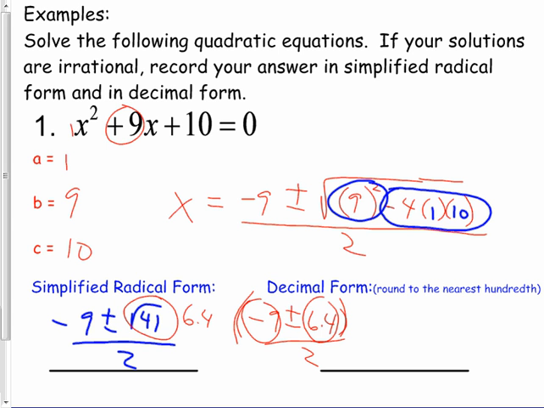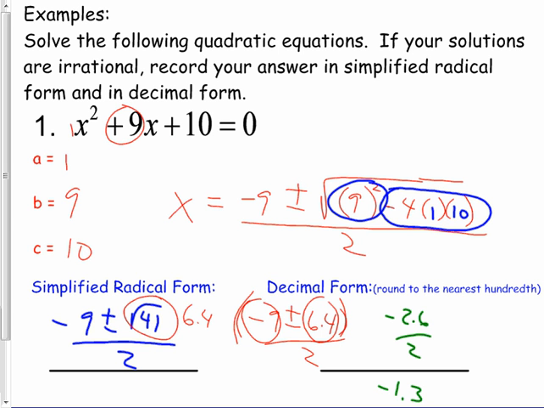All right, so we have negative 9 plus 6.4, which would be negative 2.6 divided by 2, which comes out to negative 1.3. Did you guys agree? Okay, good.